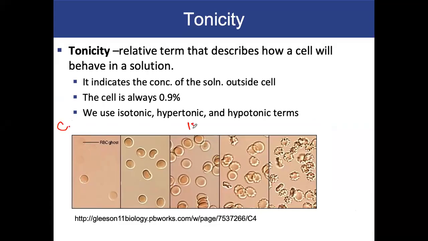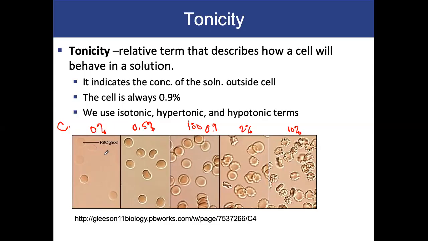This is your isotonic solution. So this is your 0.9% solution. This is your 2% solution. This would be a 10% solution, what you would expect to see in a 10% solution, even though you don't have to record that for lab. And then this would be a 0.5% solution, and this would be a 0% solution.